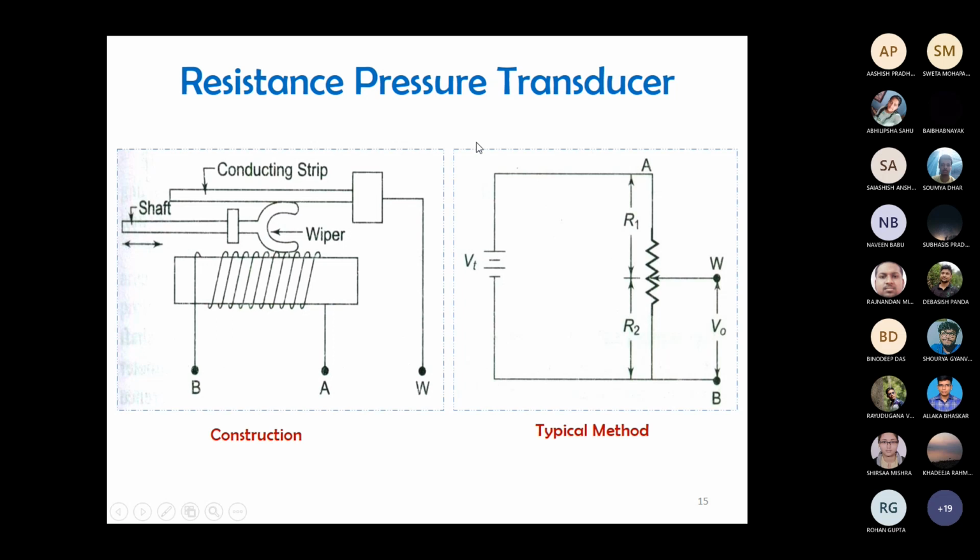Pressure transducers. So what happened here, you can see the wiper is there, the variable path is there, the constant strip is there. So again it is linear movement. From the construction you can see the linear movement of that wiper. Here you can see the contact is already there with that conductive strip.